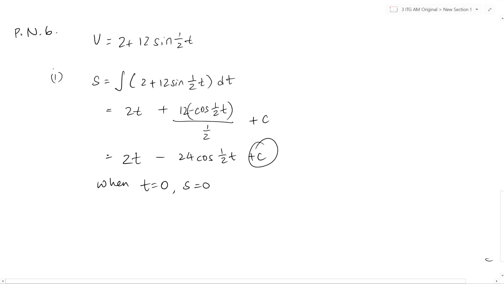It means that I have to substitute t equals 0 whenever I see t in my displacement expression, and set this equal to 0. So this will result in 2 times 0 minus 24 cosine half of 0 plus c must be equal to 0.